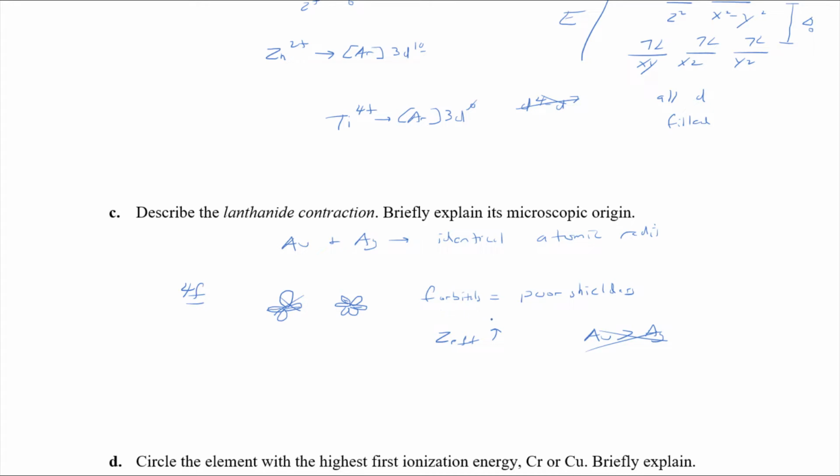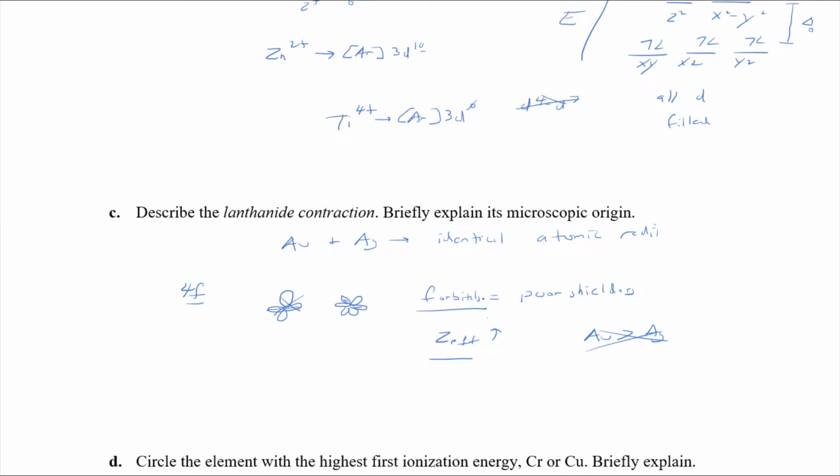They do not shield the outermost d electrons, and so those outermost d electrons are pulled in more tightly than you would expect, and it appears like there's some kind of contraction going on. They don't get smaller. Don't say that gold is smaller than silver, but you would expect gold to be larger. However, you actually measure a nearly identical atomic radius, and the reason is a higher Z effective due to the poor shielding of the f orbitals.